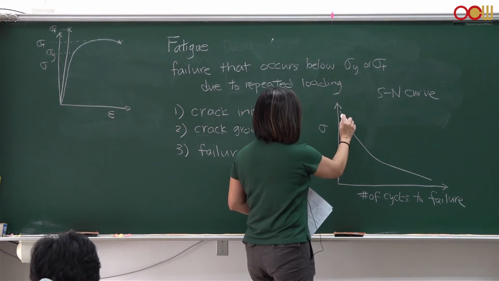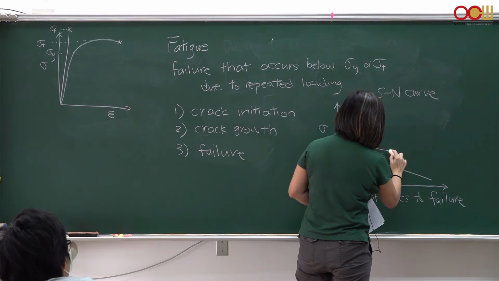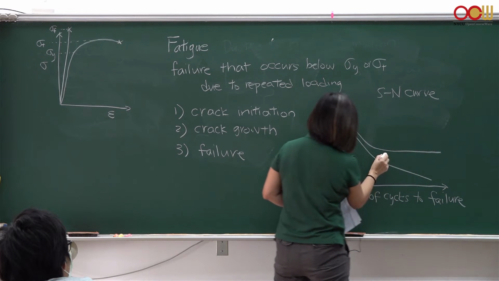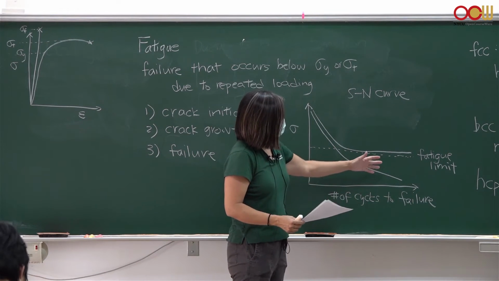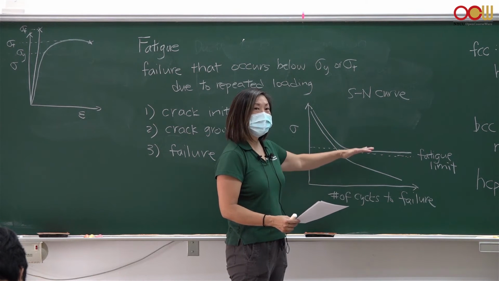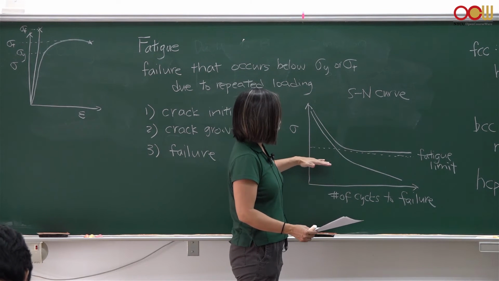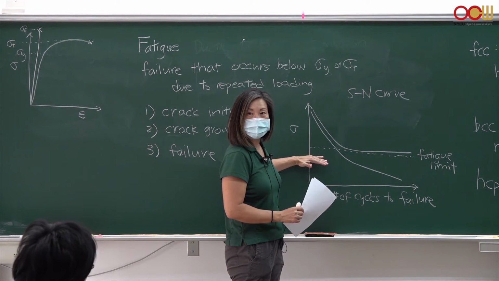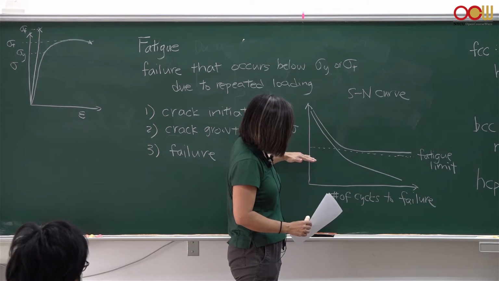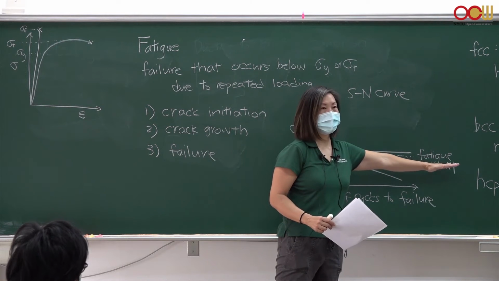There are some materials that will have what is called a fatigue limit. For some materials, if you use the material at a low enough stress, you don't have to worry about fatigue, because you can use it for as many cycles as you want and it will not break.